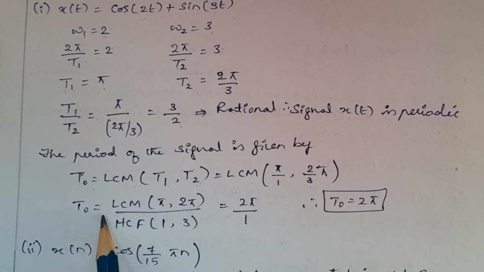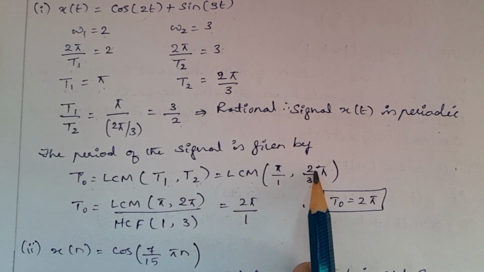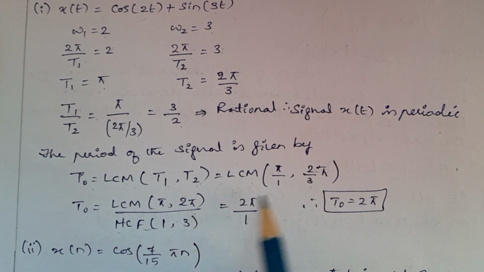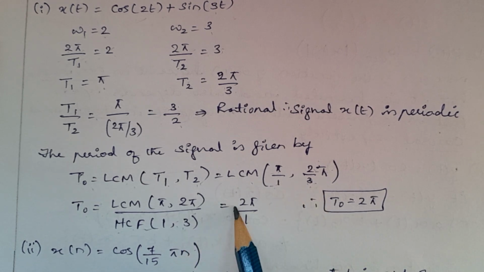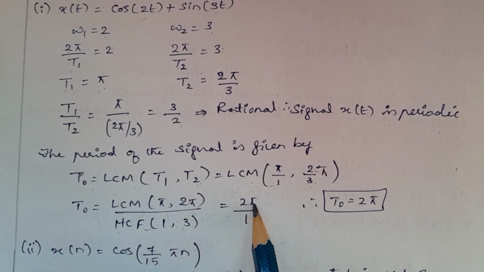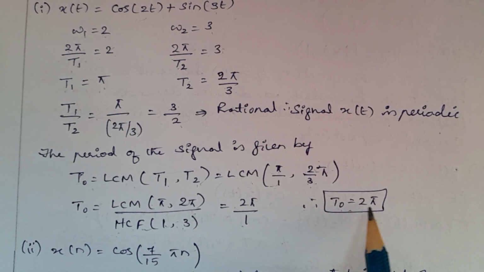So T0 equal to LCM of the numerators, pi and 2 pi, divided by the highest common factor of the denominators, 1 and 3. Then LCM is 2 pi and highest common factor is 1. So therefore the fundamental period T0 equal to 2 pi.